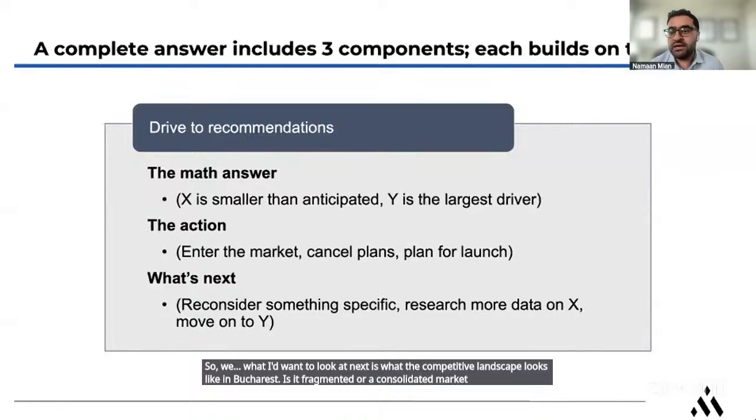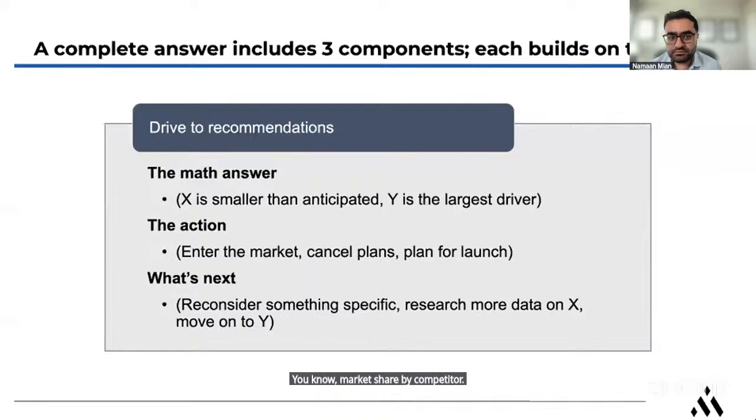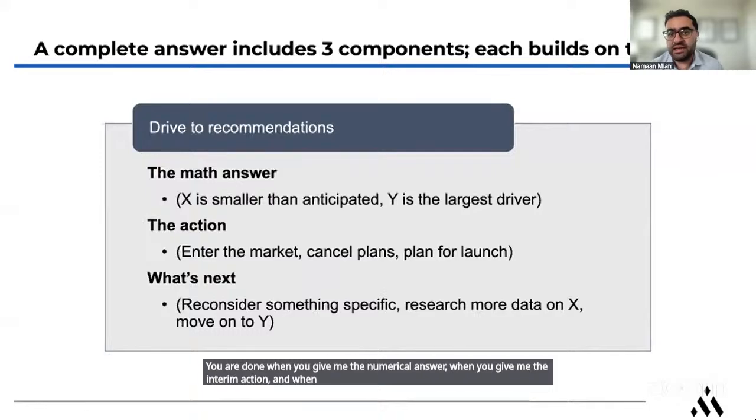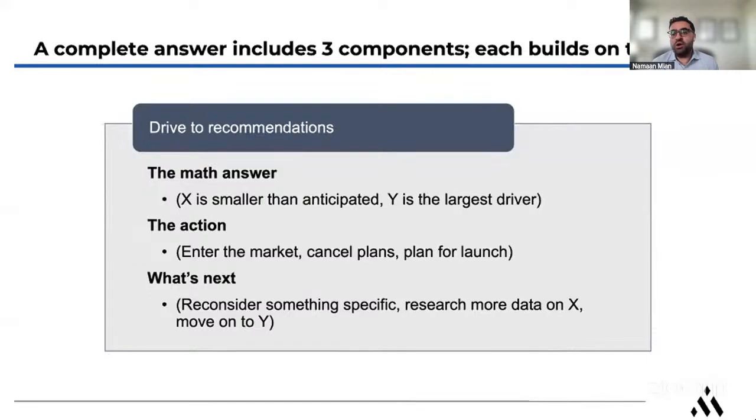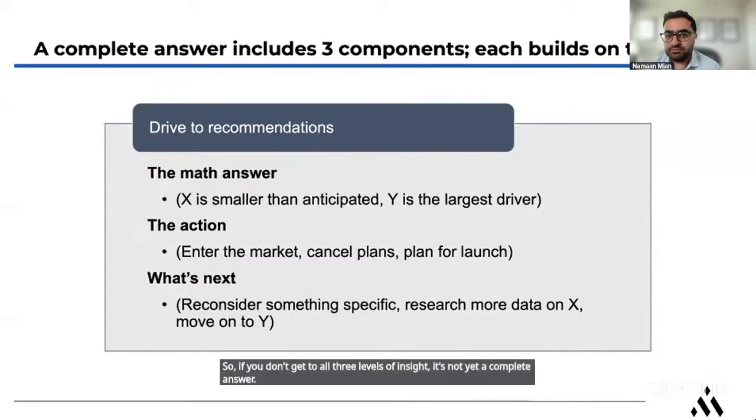Do we have data on market share by competitor? You are done when you give me the numerical answer, when you give me the interim action, and when you tell me what you want to look at next. So if you don't get to all three levels of insight, it's not yet a complete answer.